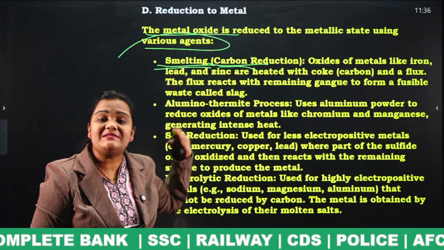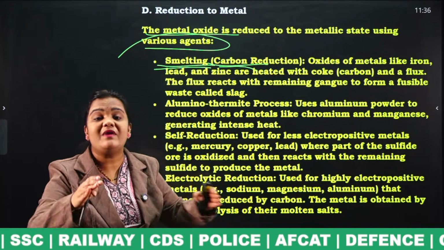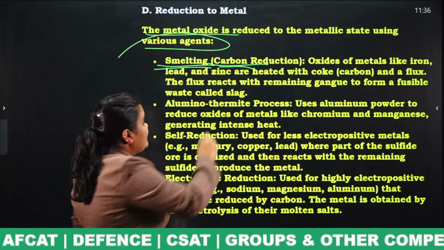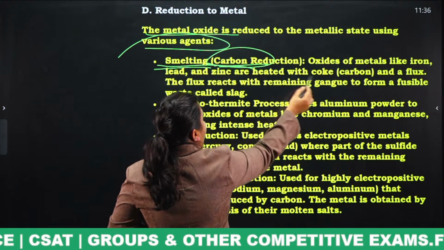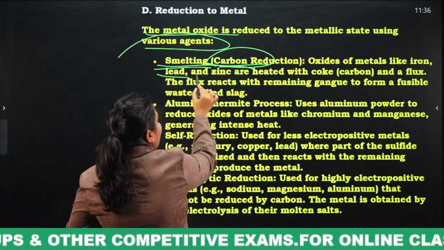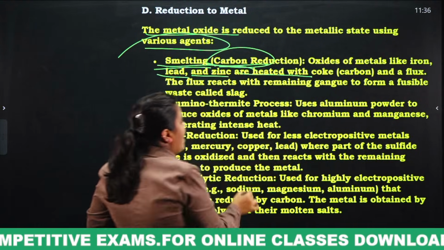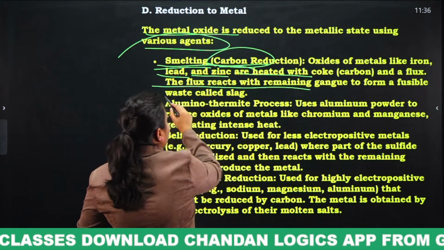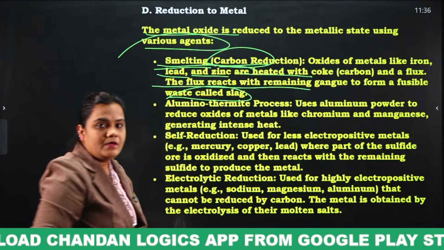Smelting. So what is the process actually? What agent are we adding to that ore? Carbon reduction. Oxides of metals like iron, lead and zinc are heated with coke, carbon and a flux. The flux reacts with the remaining gangue to form a fusible waste called slag.